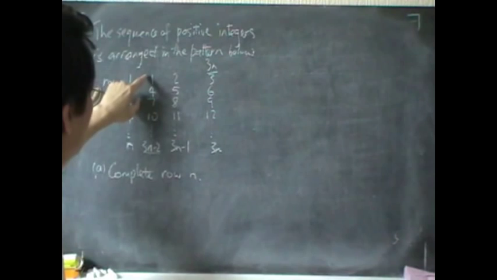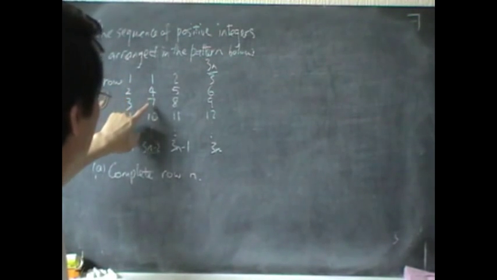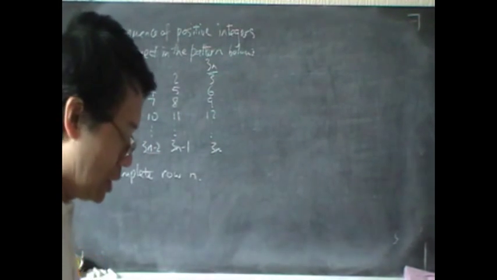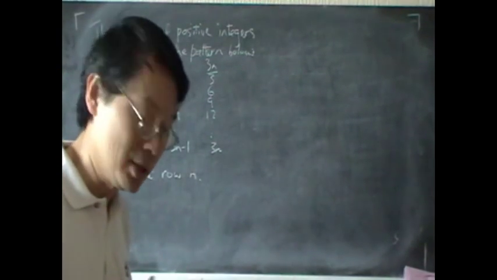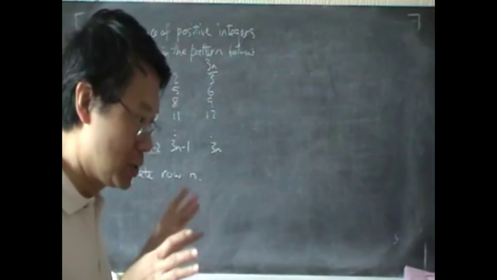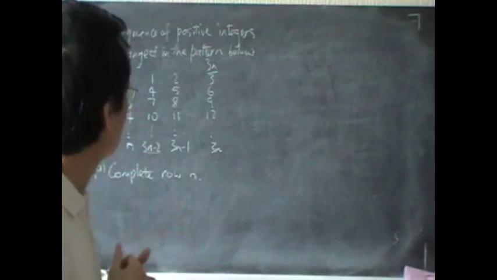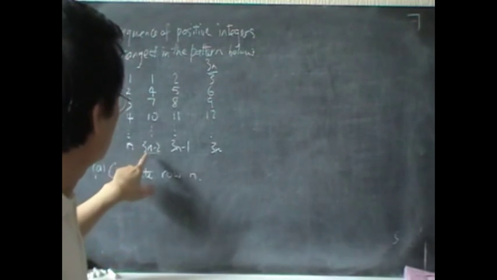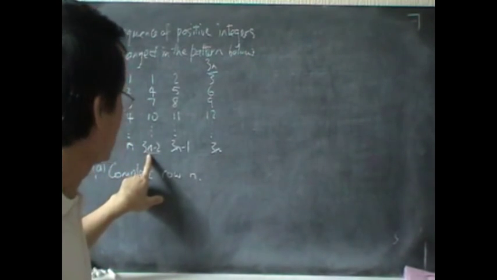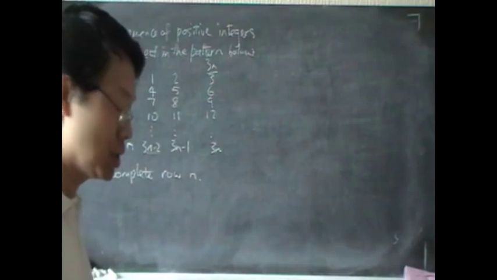So if I add 3, I get 4, add 3, get 7, add 3, get 10, and so on. So if you notice that there's this fixed amount that you add each time, this 3 that you have to add each time, then there must be a 3n in this nth term.